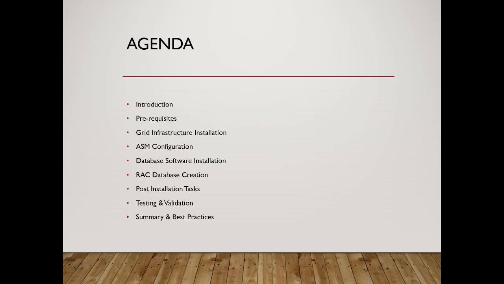Here I introduced Oracle RAC, and here we will discuss the prerequisites, and then we will install the grid infrastructure. First we will create the ASM disk and install the grid infrastructure there. After that we will install the database software.